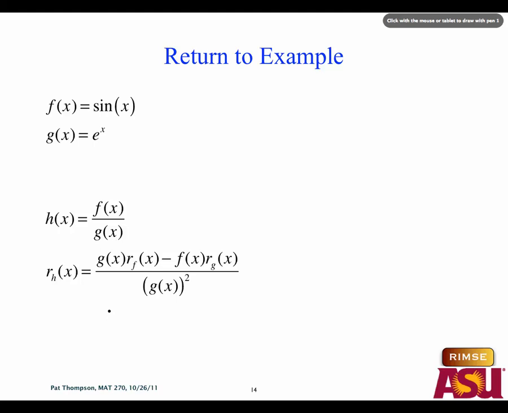So we just need to get all those parts and construct this ratio, and that's our rate of change function for sine over e to the x. What's the rate of change of f? Cosine. What's the rate of change of g? e to the x. So plug everything in: low d high, the rate of change of sine, minus high d low over low squared.